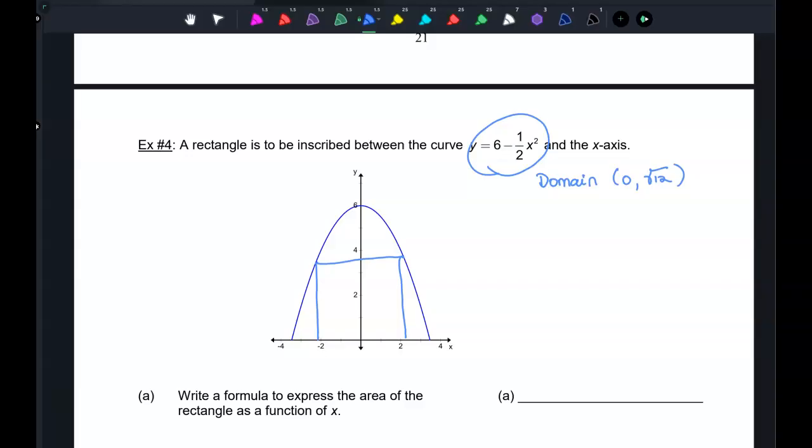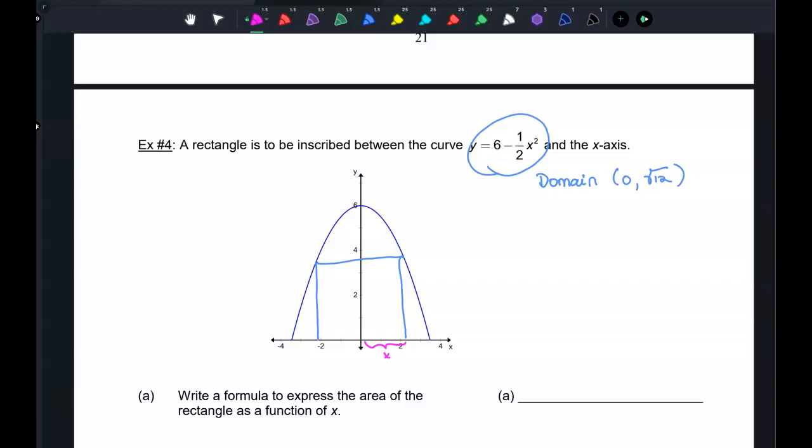Now, x is going to represent this. No, and I'll explain why. We don't want plus or minus. X is the distance from here to here. So we're solving for a value of x. X is just the measure from here to here. Do you agree?